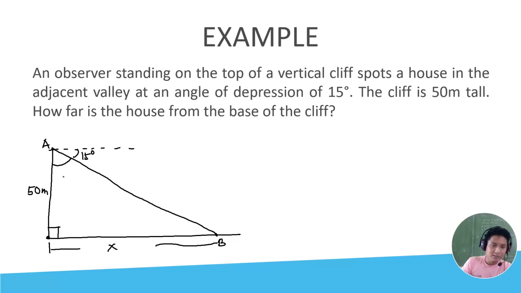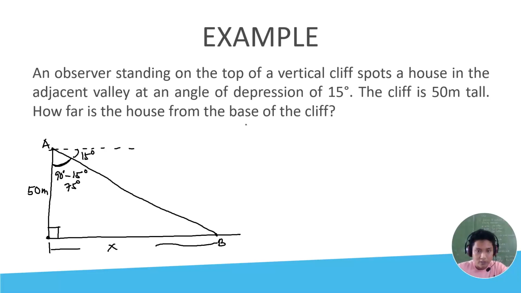So if these angles are complementary, to determine the value of this interior angle, I just subtract 15 from 90 degrees. So 90 minus 15 degrees is equal to 75 degrees. So that's the interior angle.